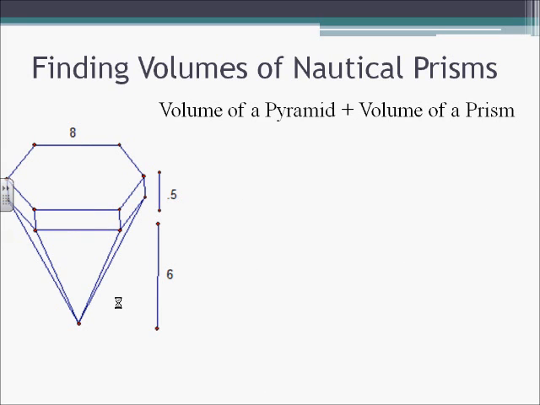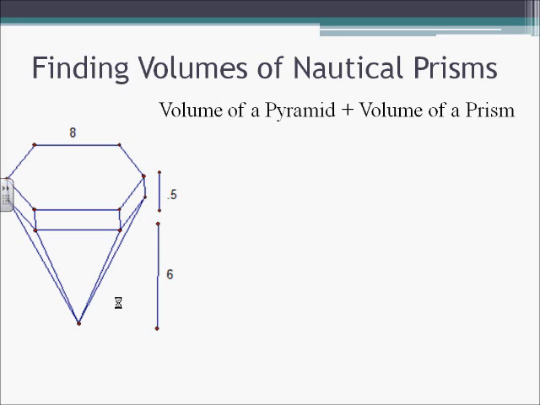Alright, here we're trying to find the volume of a composite solid, meaning we have a pyramid on top of a prism. So we need to add the volume of the pyramid plus the volume of the prism. So for the volume of the pyramid, we're going to take 1/3 times the area of the base times the height. Our height of the pyramid is going to be 6. Height of that prism they give us is 0.5. We've got a base length of 8 for that hexagon.